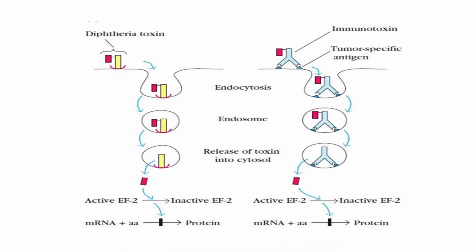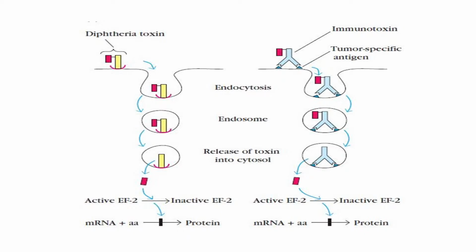You can see what happens in normal conditions when a diphtheria toxin binds to the cell surface receptor: endocytosis. It is taken inside and an endosome is formed, and from this the toxin is released and it will inhibit protein synthesis because it inhibits the elongation factor used in the elongation step of translation.